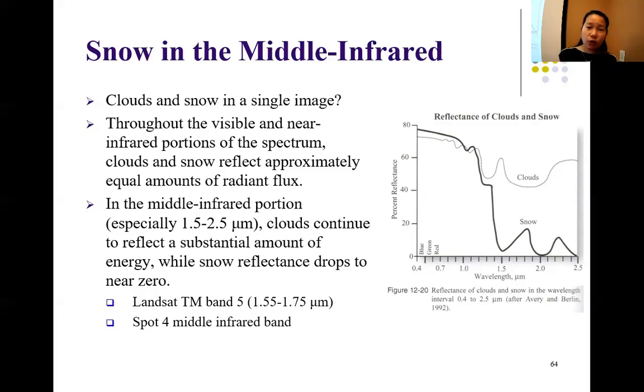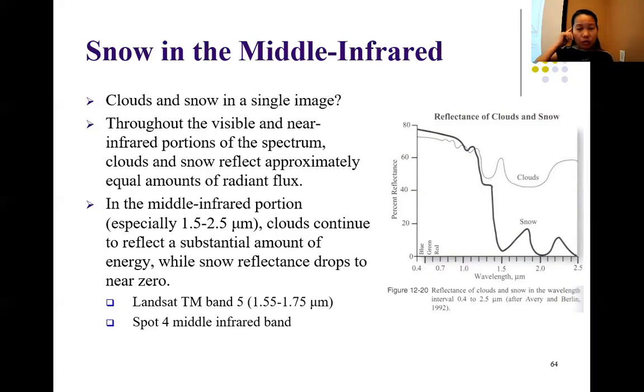Therefore, through the visible and near-infrared portions of the spectrum, clouds and snow reflect approximately equal amounts of radiant flux. In the near infrared, however, the cloud will be much higher and the snow will be much lower.